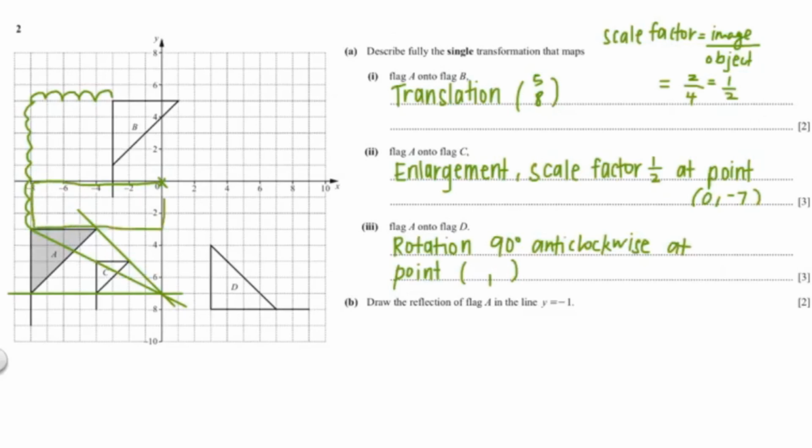If you have tracing paper, it would be much easier to find the point at which the object rotates. But I don't have tracing paper right now, so I'm just doing it manually. So the point is (0, 0), or you could write it as the origin.